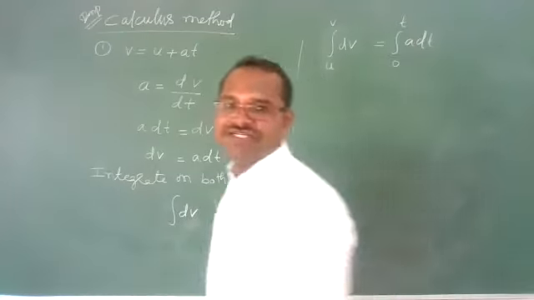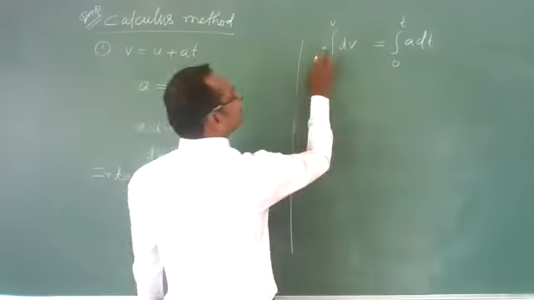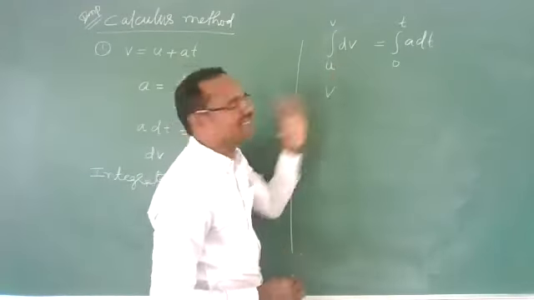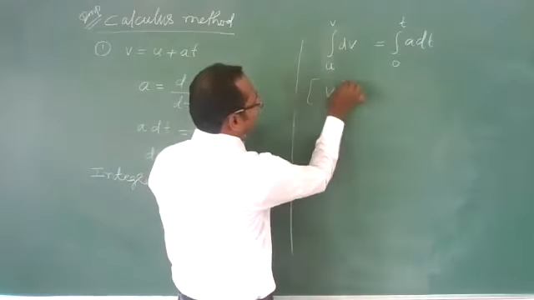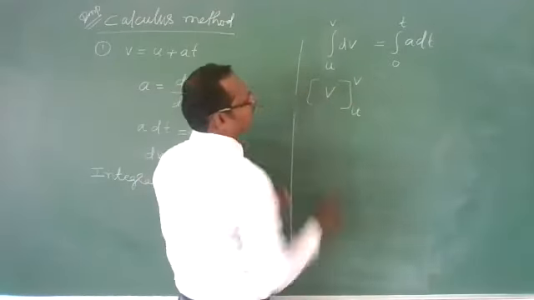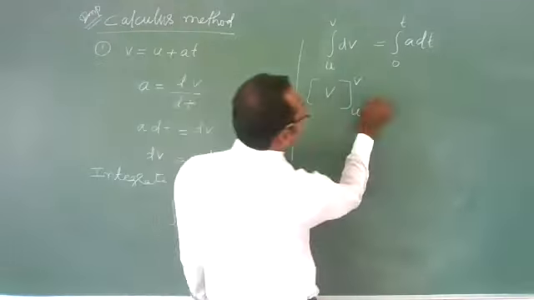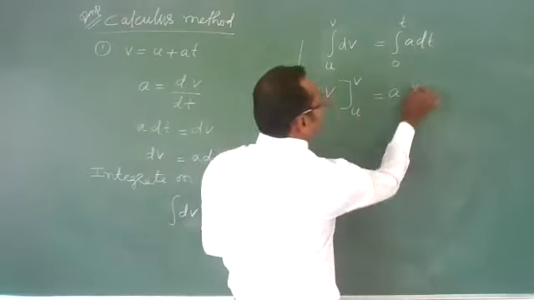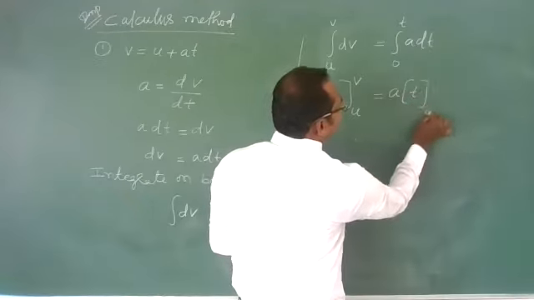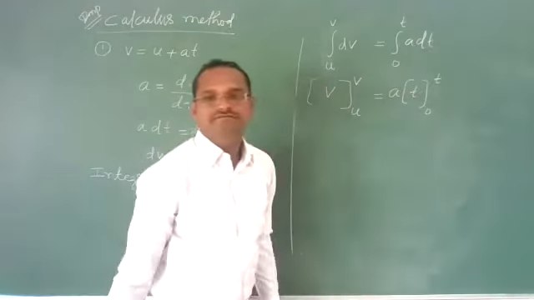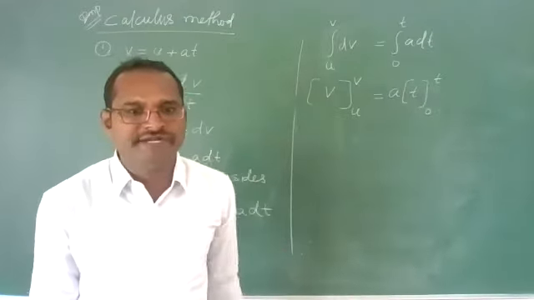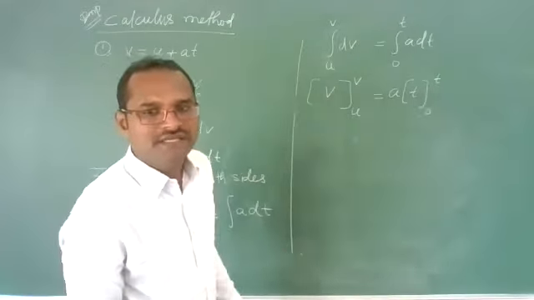Integration of dv is velocity, with limits u to v, is equal to a, which will come out. Integration of dt is t, with limits from 0 to t.